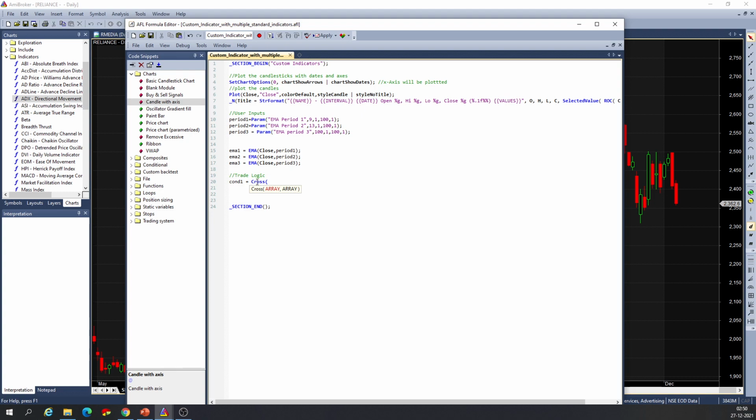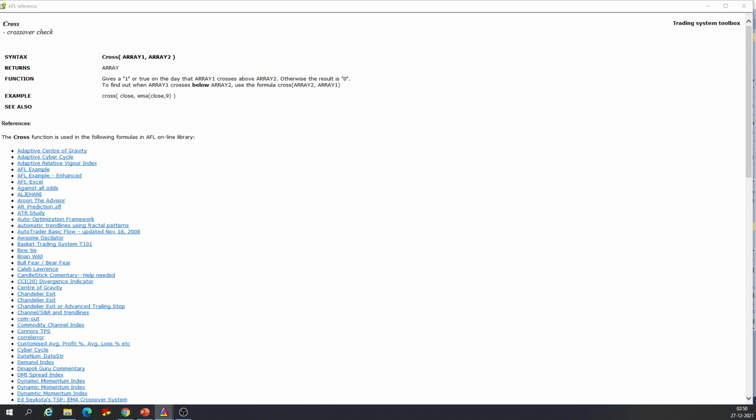One important point is, whenever you want to get the details of any of these functions, just put the cursor on top of the name and press F1. The moment you press F1, the AFL reference will open, and you can see that Cross takes array 1, array 2.